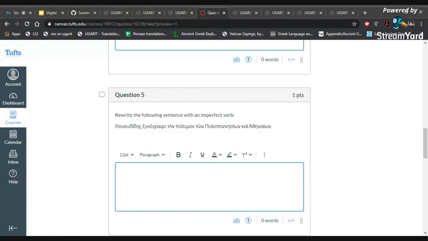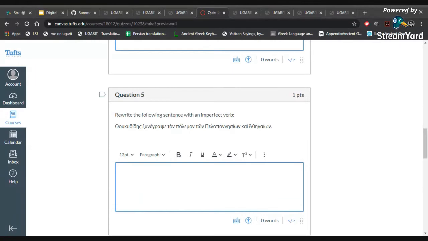But comparing, for example, these exact questions, or actually, this is not a translation. I asked them to change the verb in this sentence to an imperfect, which of course was quite a difficult question for that level.